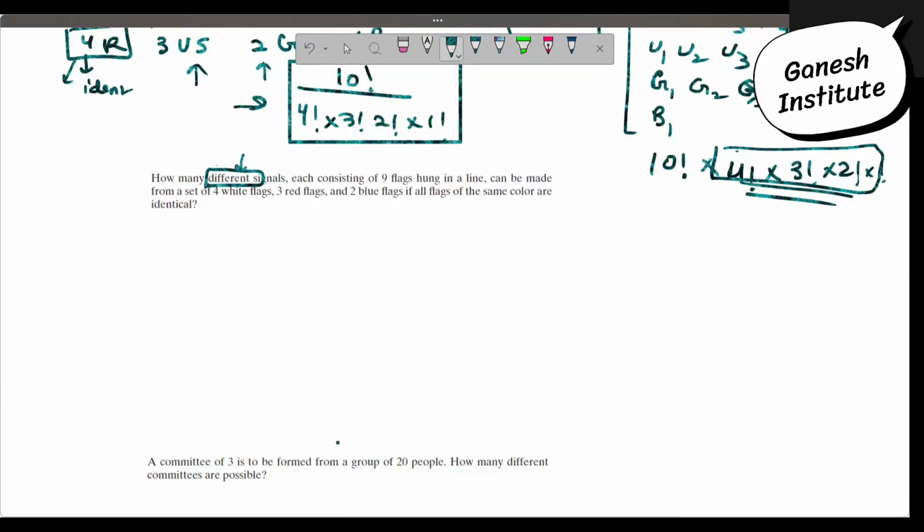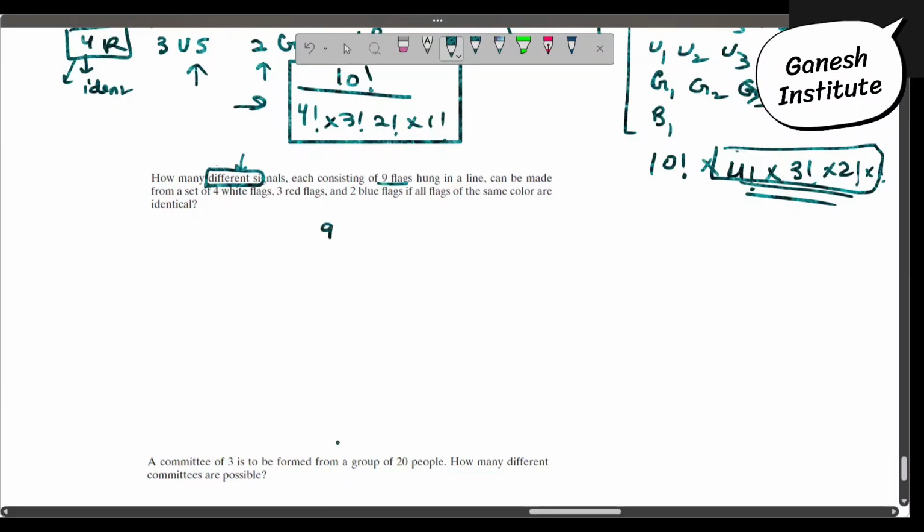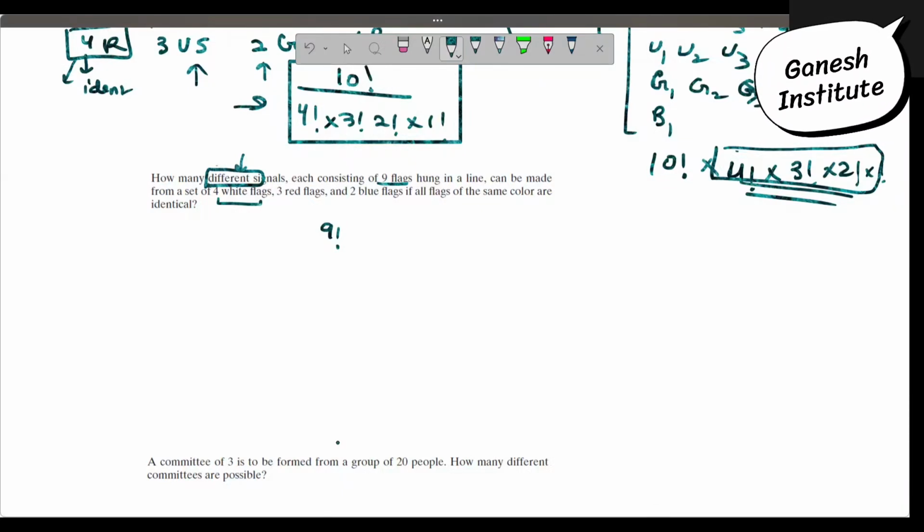See, for 9 flags, it is 9 factorial. Now, 4 white flags, they are identical. So what are you going to do? Divide. Exactly. That's what I said.